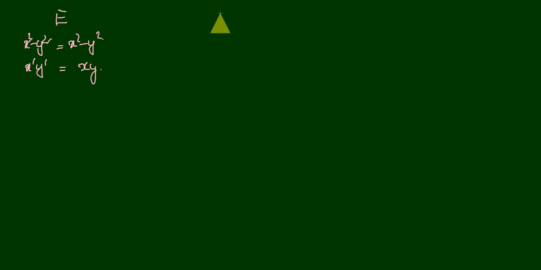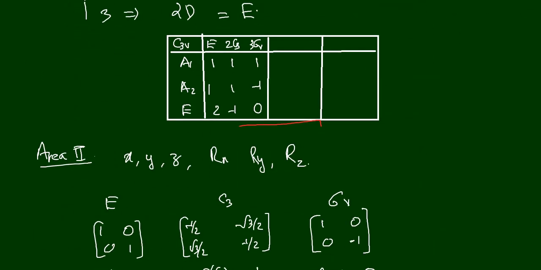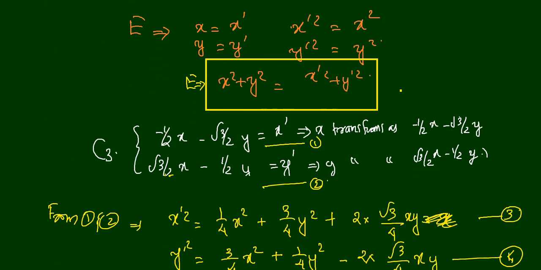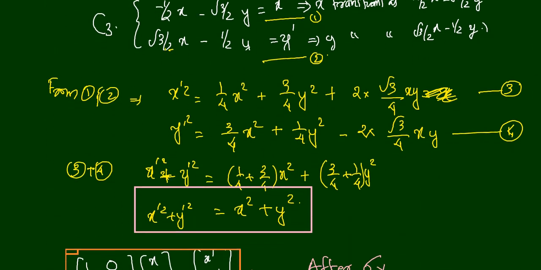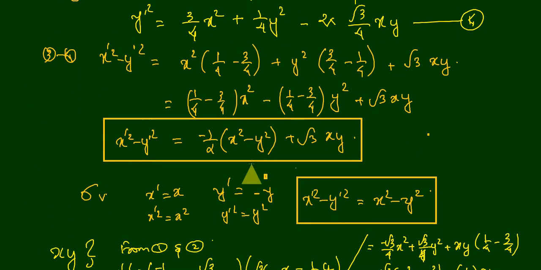During the C3 operation, what happens to x square minus y square? We have already written it there. So this one.